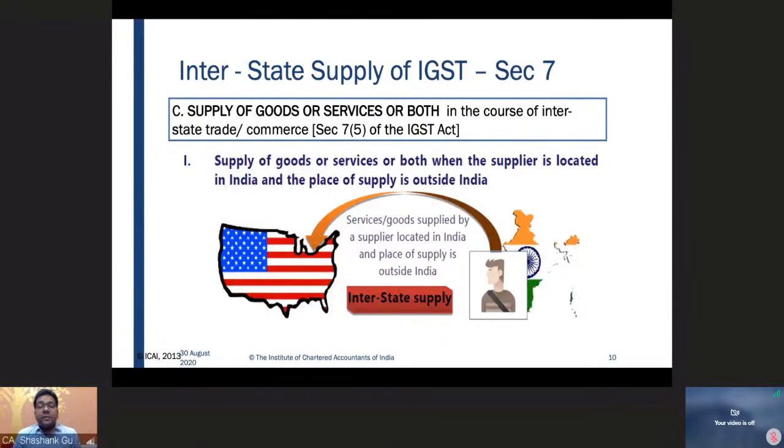Now, a question may be arising in your mind. This transaction is an export transaction, but you are saying it will be liable to IGST, which means it is taxable. So, friends, hold your horses.